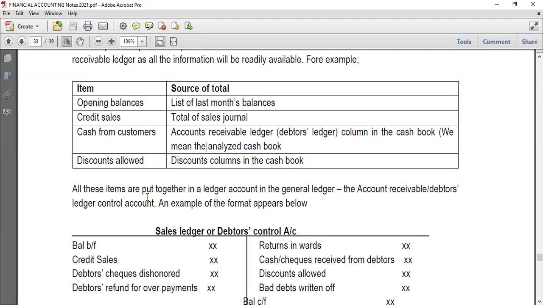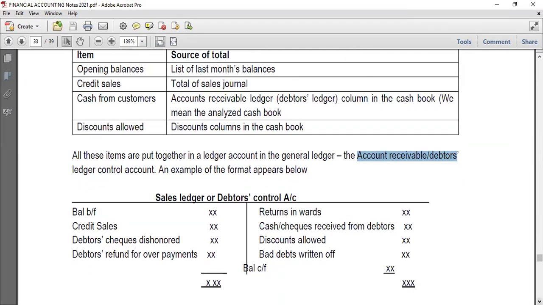So just to get down here, we have a format for our accounts receivable, debtors control account, and I want you to pay good attention to this, because this is the gist of the debtors control account. Now, you know very well we've said that the debtors control account is not much different from the normal debtors ledger account.